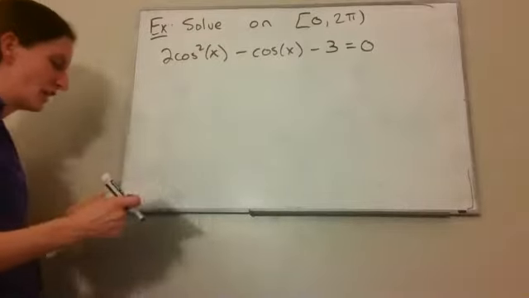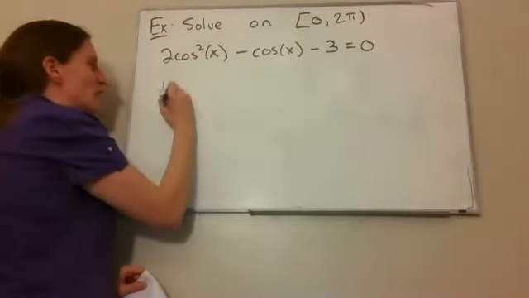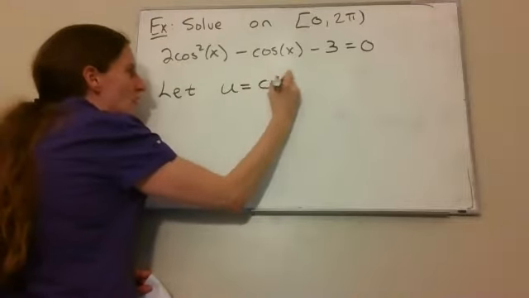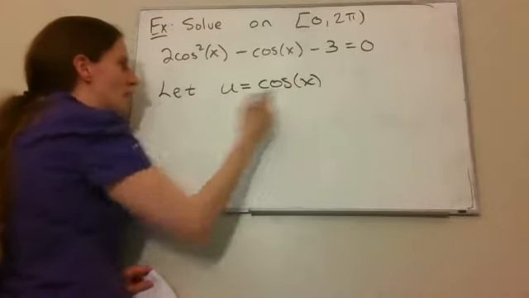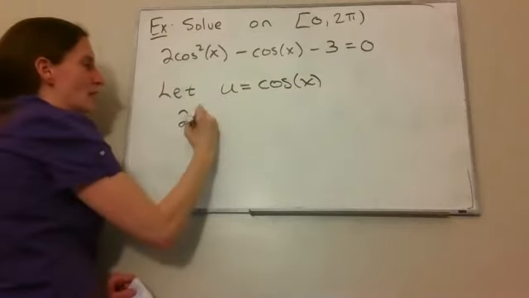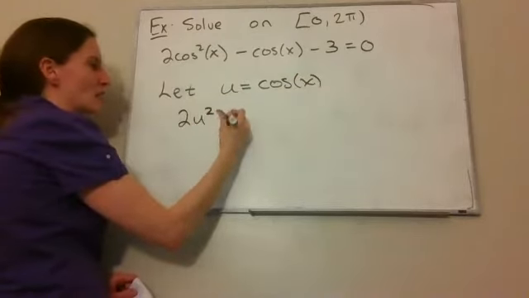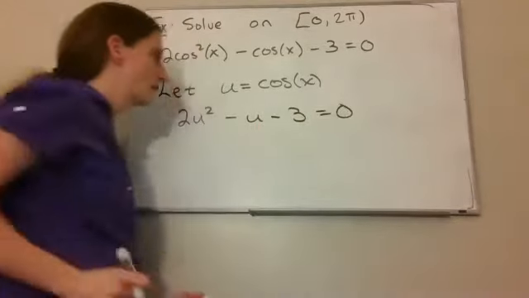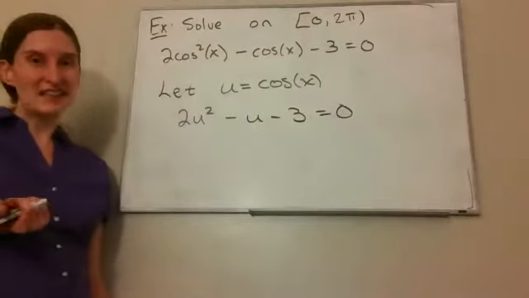So to make it a little easier on myself, I'm going to introduce a new variable. I'm going to call it u, and I'm going to say let u equal cosine of x. Then when I rewrite my equation, it's 2u squared minus u minus 3 equals 0. Now, rewriting it like this is optional.